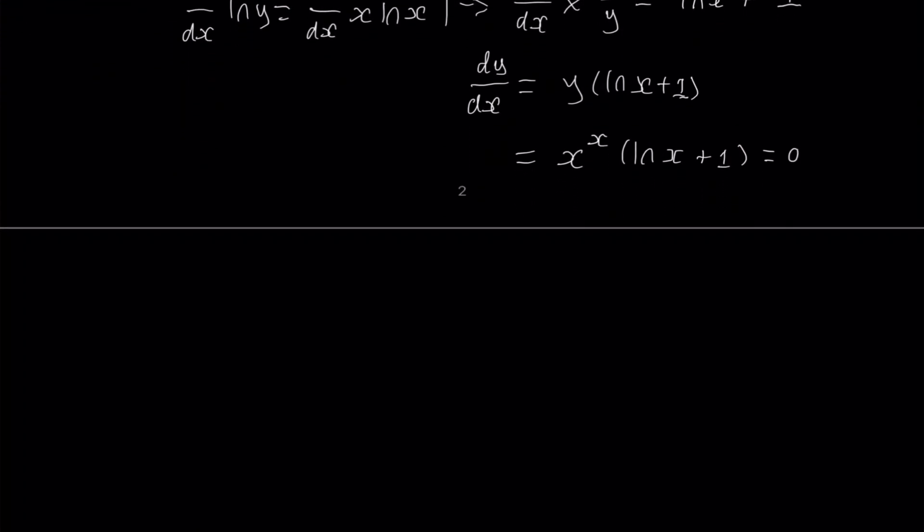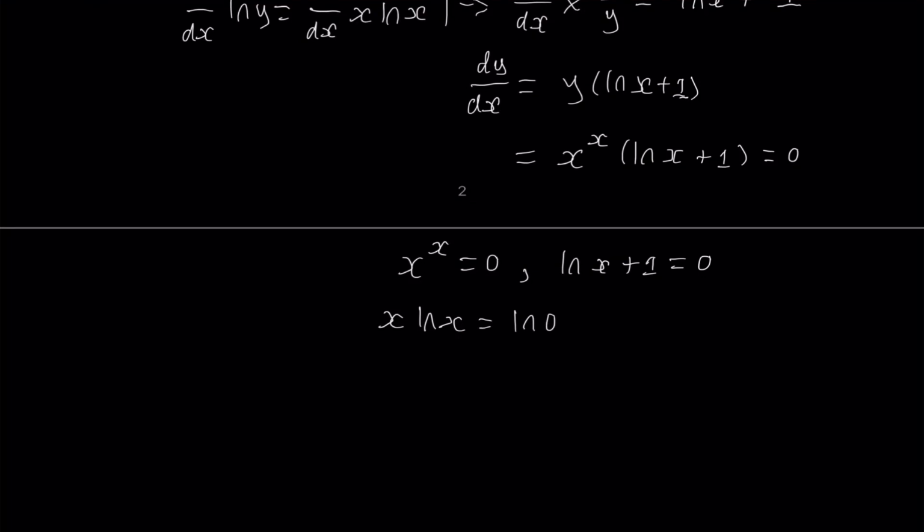And if this is equal to 0, that means that either x to the x is equal to 0, or ln x plus 1 is equal to 0. Now if x to the x is equal to 0, then what this implies is that x times ln x, we're just taking the natural logarithm of both sides again, is equal to ln of 0.